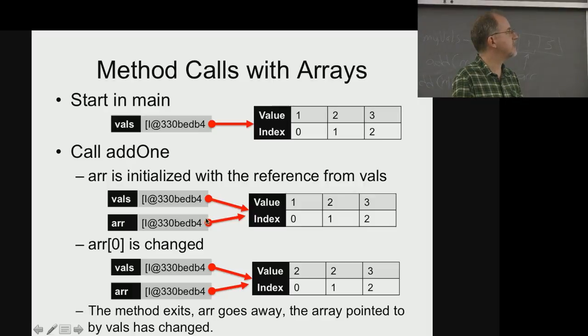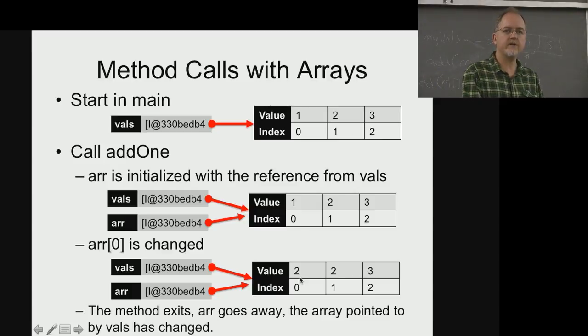Because that is the same number as this number. That value got passed, but it's not the full array. It's just a reference to that array. So these are now looking at the same thing. When I change array 0 in that method, it changes the value stored in that object. And when I leave the method, this reference goes away. This one still exists. It's looking at this object, but the array itself has changed.